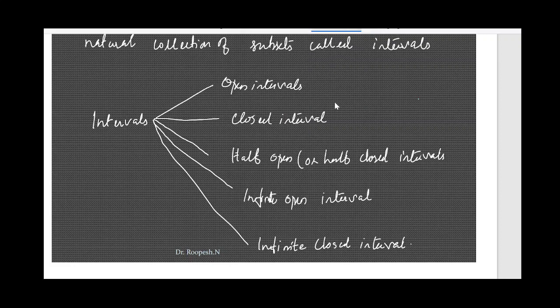Open interval. Open interval means we have A, B real numbers with A less than B. Then the open interval determined by A and B, we represent as the set (A, B), which is equal to the set of all x belonging to R such that A less than x less than B. So this is called an open interval.